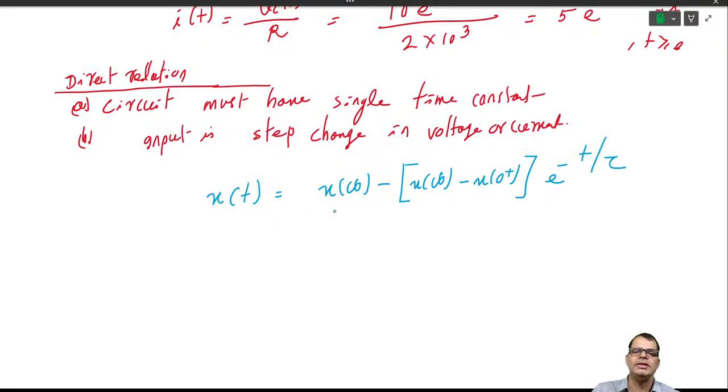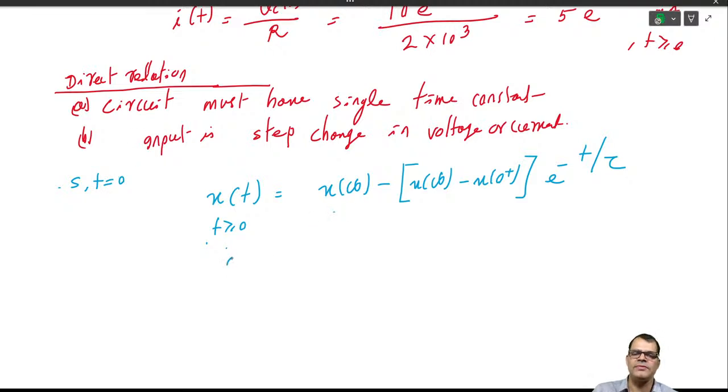What is this? The values x of t are for all values t greater than or equal to 0, because we are doing a change or switching action that takes place at t equal to 0.